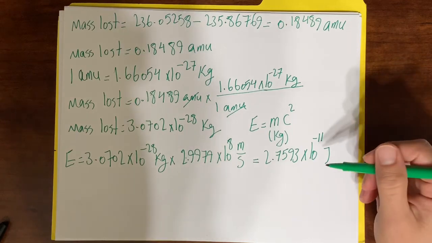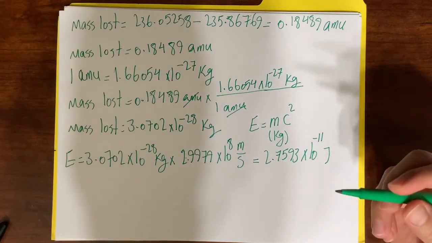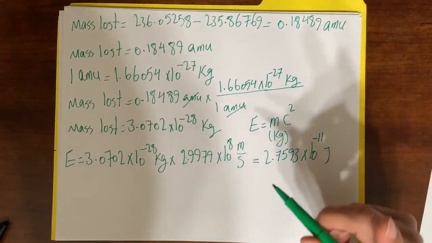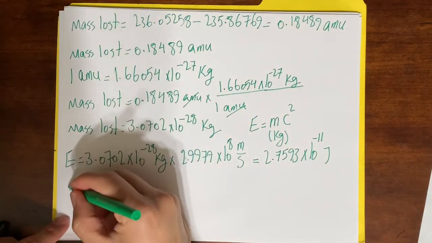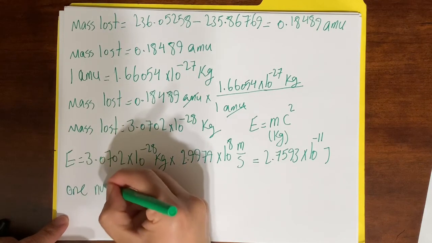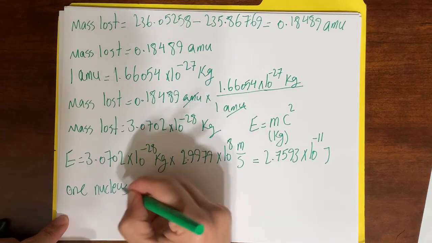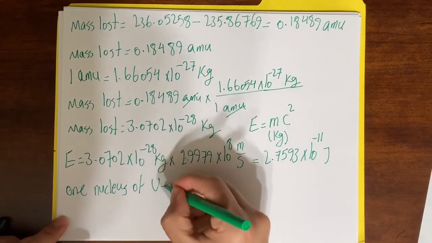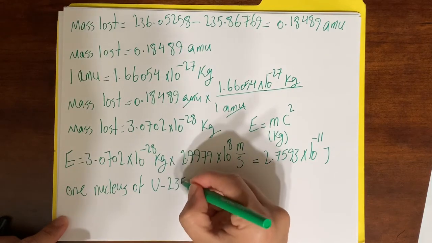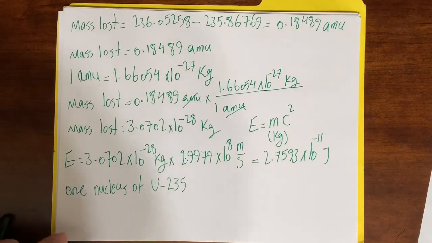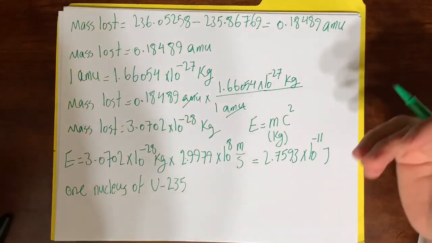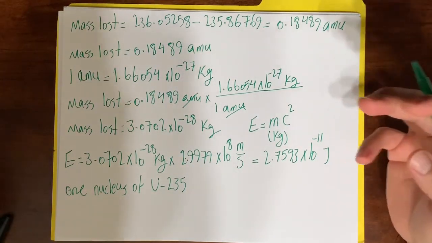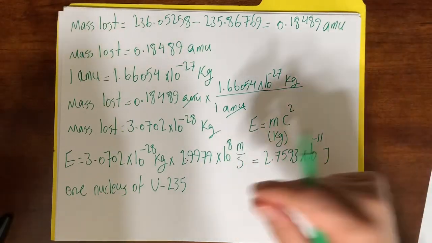This energy will be released whenever we start with one nucleus of uranium-235. Just one. If you wanted to calculate the amount of energy per mole, because usually in chemistry we go in joule or kilojoule per mole, then you have to multiply it by Avogadro.